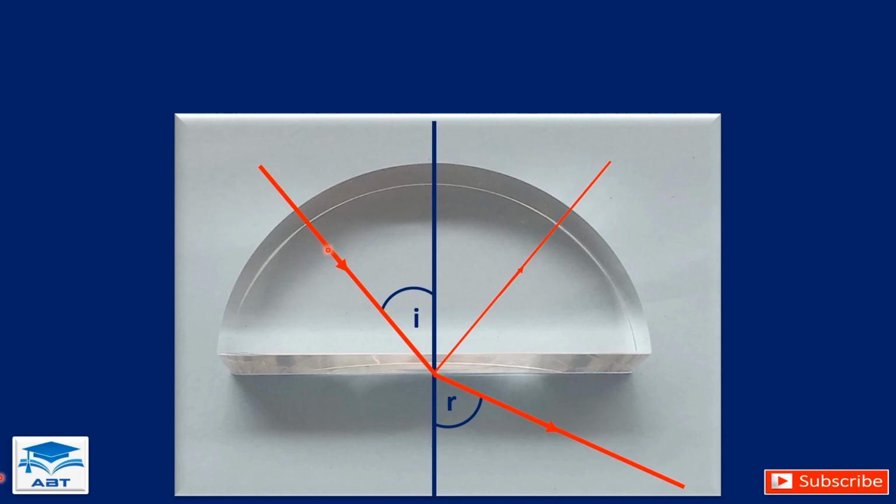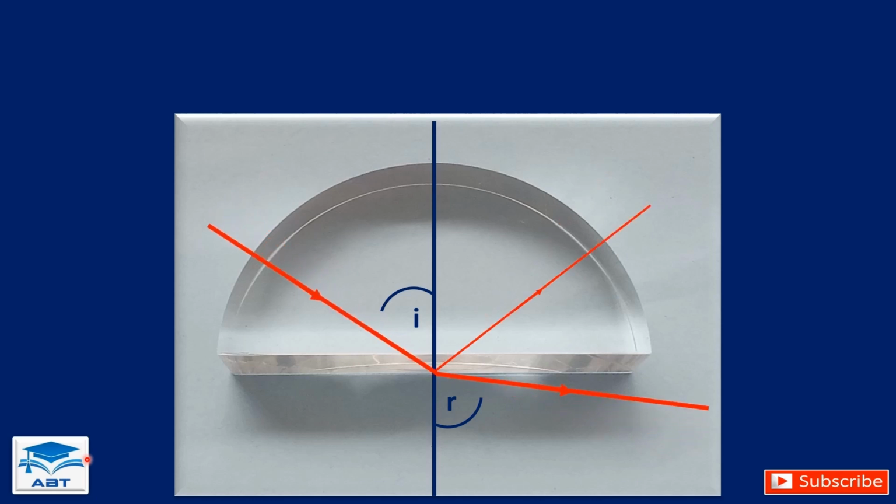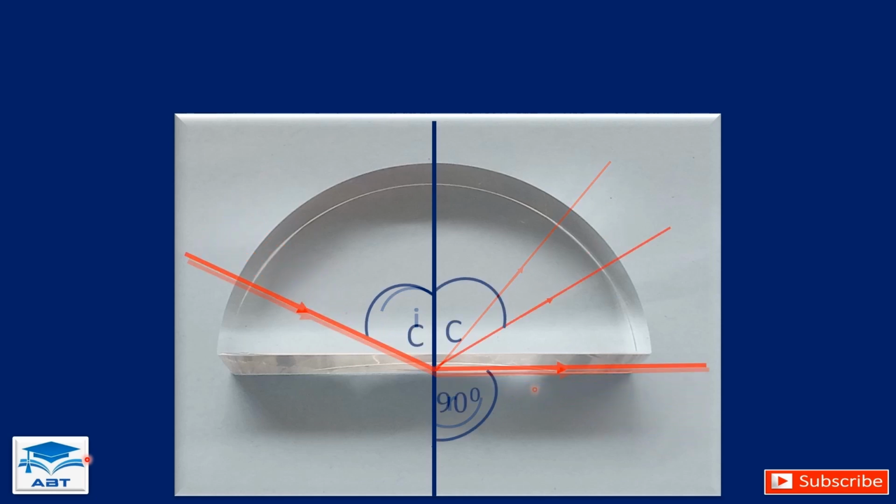As the angle of incidence in the denser medium is increased, the angle of refraction in the less dense medium also increases. At a particular angle of incidence in the denser medium, the angle of refraction is 90 degrees.